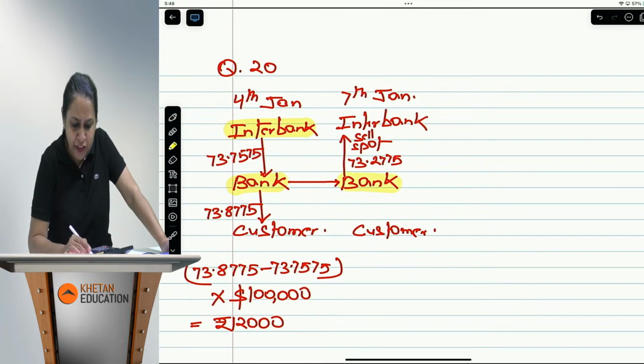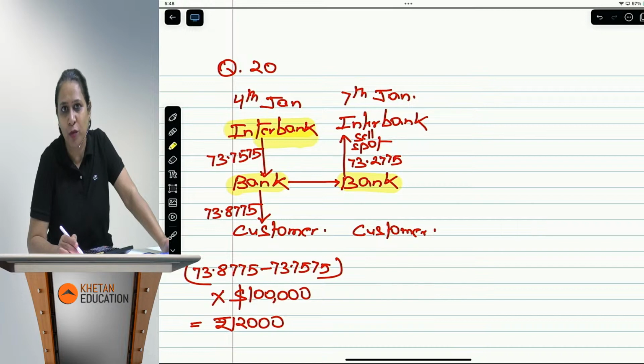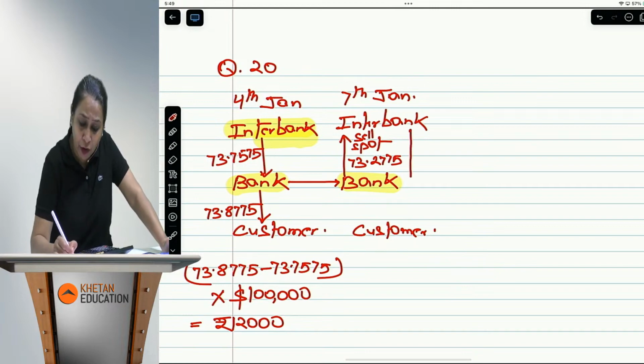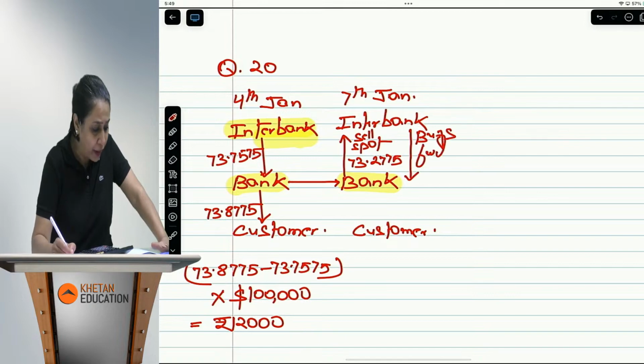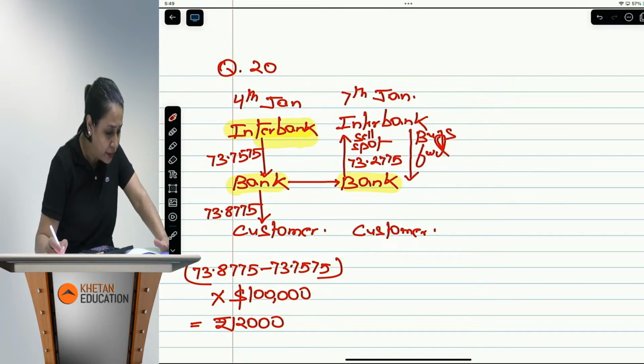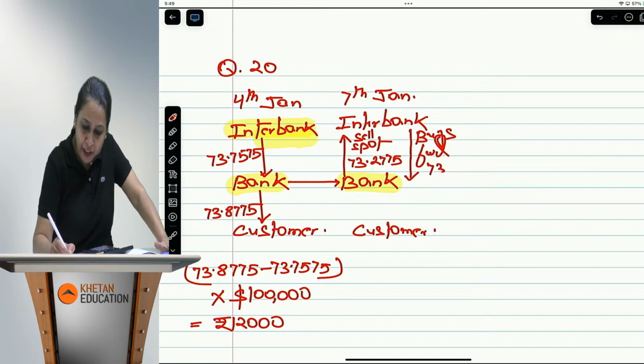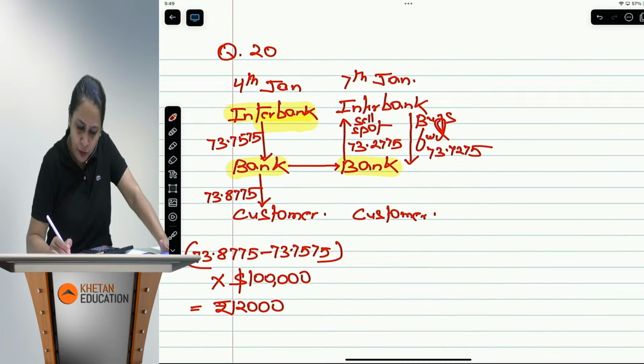The currency which came from the interbank market was sold spot, because the customer did not intimate what he will do with the currency. But the bank thinks, what if the customer comes later? It must have the currency, and hence it buys forward, and the buy forward rate would be 73.4275.